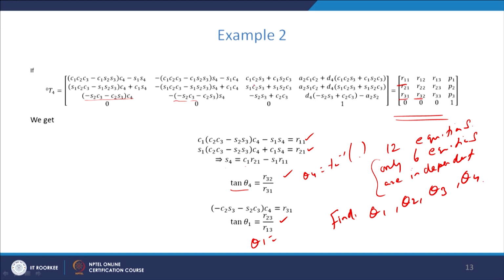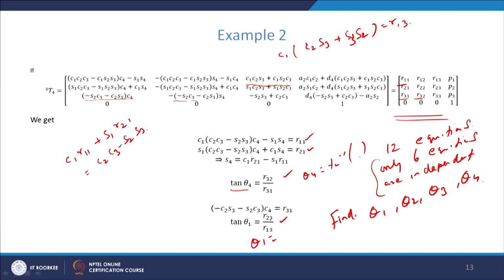So, once we get the theta 1 value from this expression, we get cos theta 1 into C2 S3 plus C1 from S2 C3, from this equation, which is equal to R13.